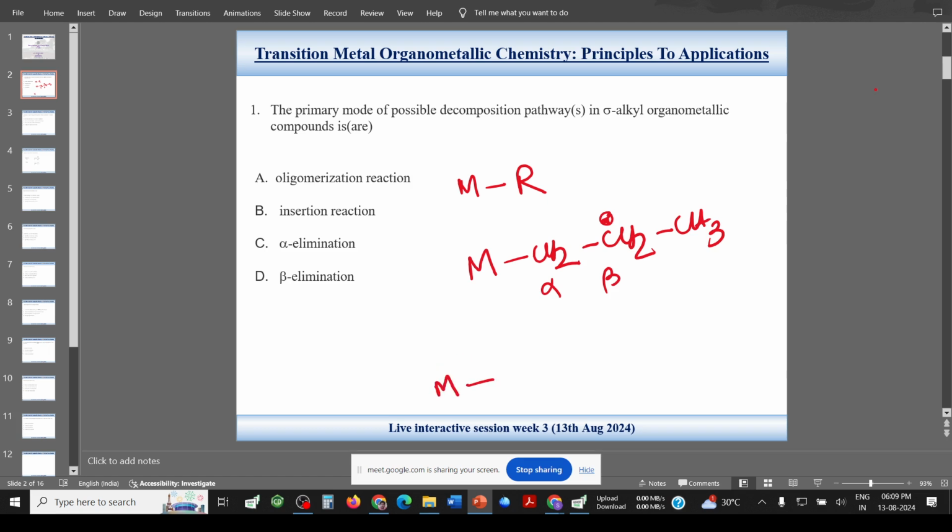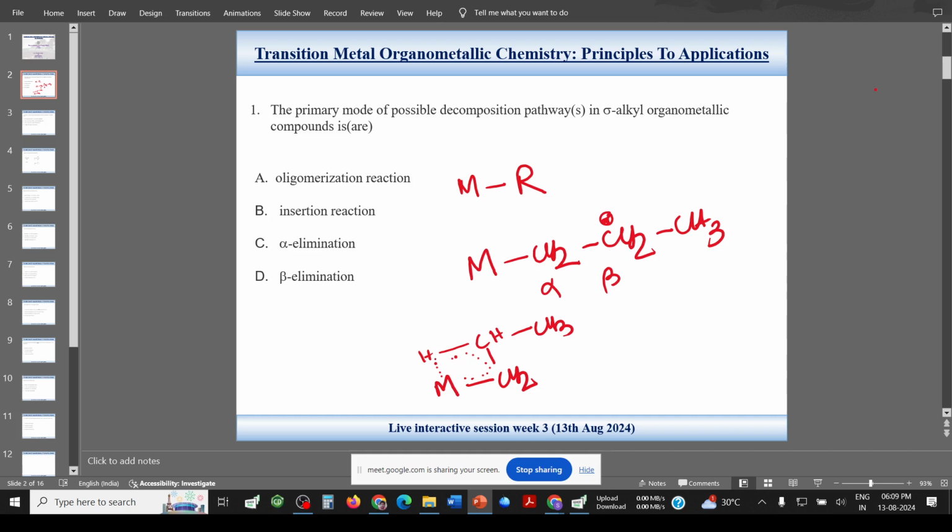So we have M CH2 CH2 CH3, then this transition step is happening over here, depending on the steric and electronic demand on the metal center.